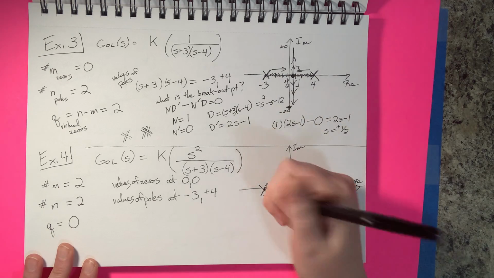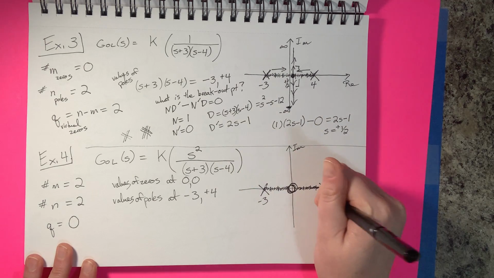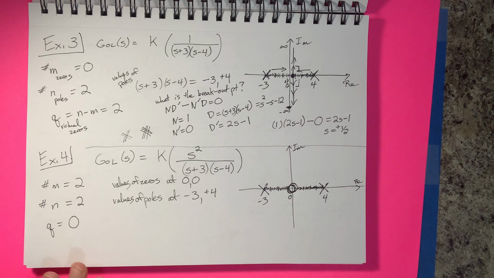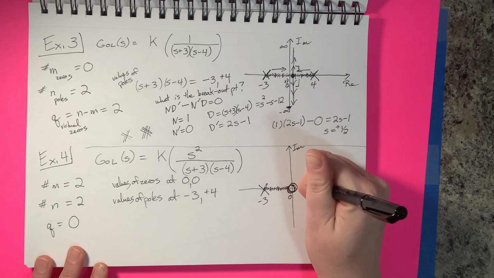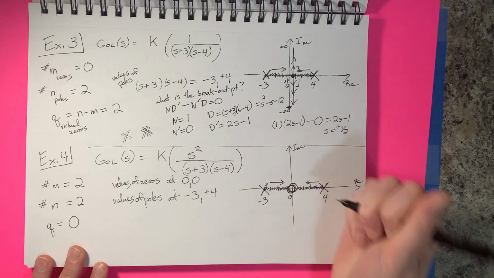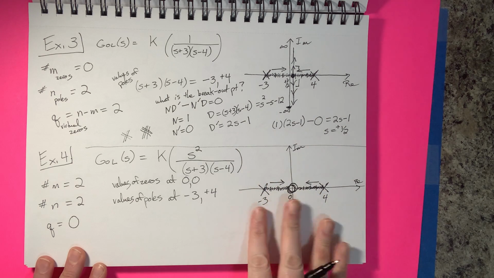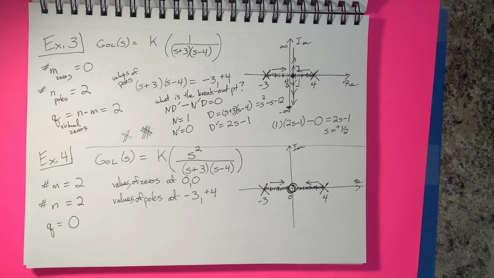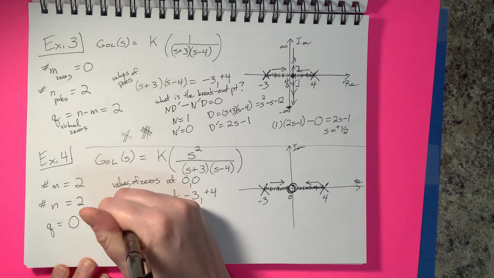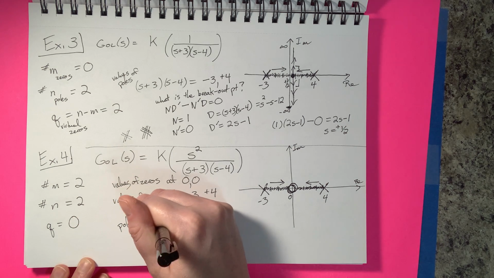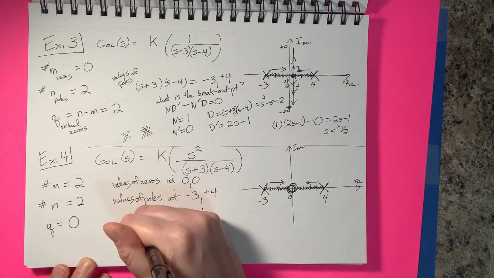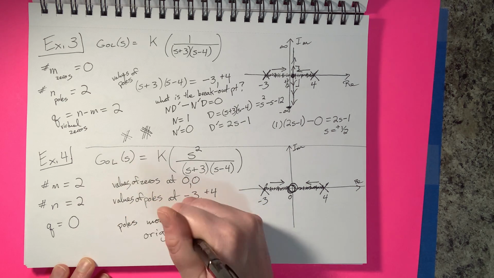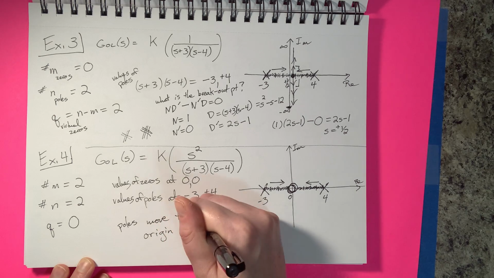Oh, I did not label values. I need to do that. There we go. All right, so this looks pretty simple. You can see that we are going to have poles moving towards the zeros. They just move towards the origin, where the zeros are.